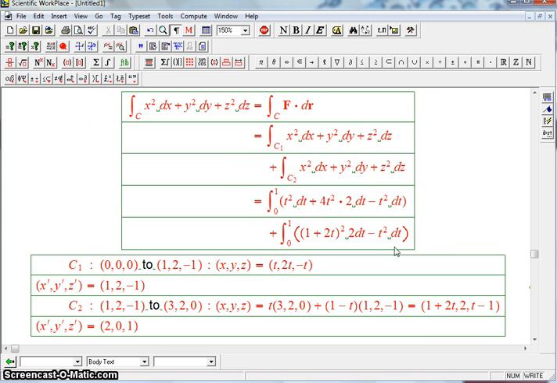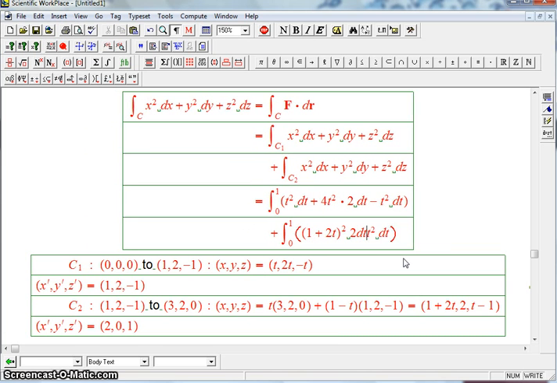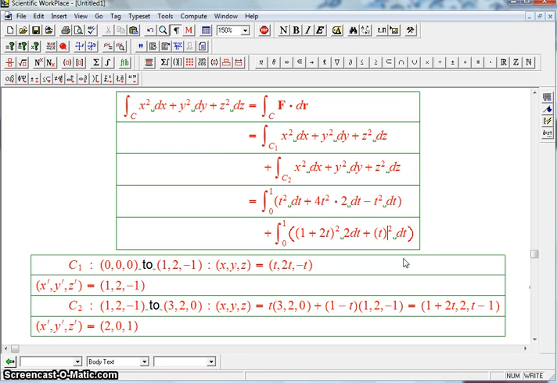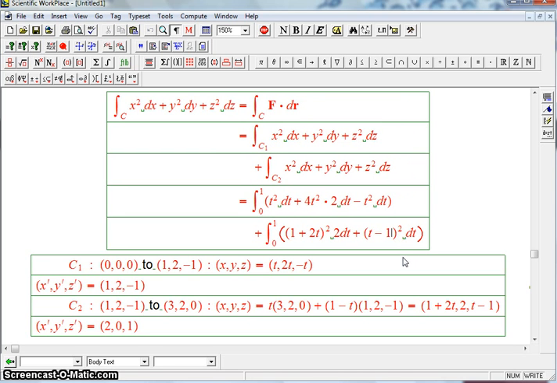And then t minus 1, that's z now, quantity squared. And here dz/dt is 1, so dz really is equal to dt. Okay. Now you can just factor out the dt, and you've got an ordinary integral. And I won't bother to finish it up.